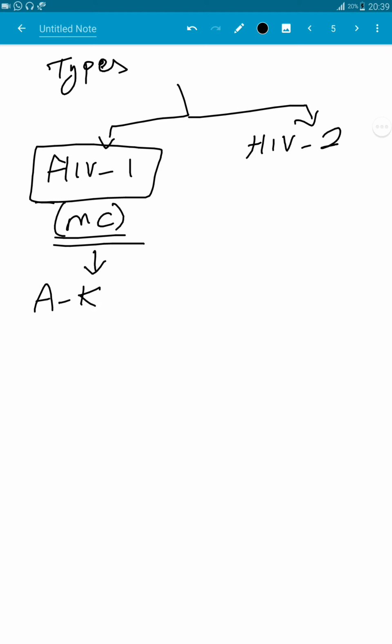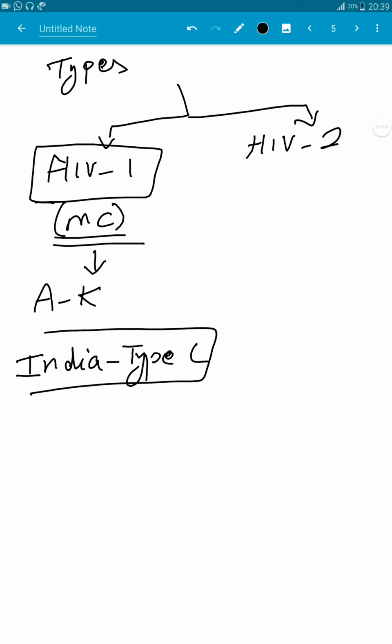And in India, which type is most common? Type C is most common, which can be asked as an MCQ. And in the US, type A is common. And HIV 2 is global.